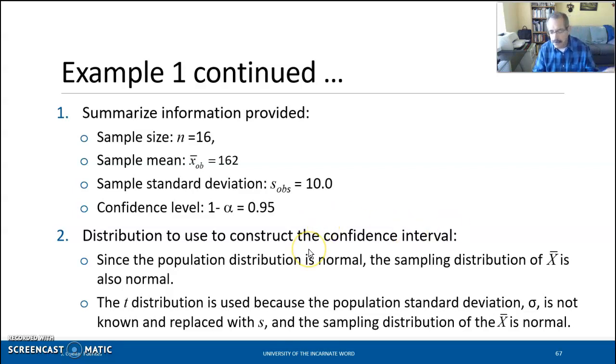In this case, the population is normally distributed, so we know that the sampling distribution is normally distributed. The second thing we need to know is that the population standard deviation is not known, but we know the sample standard deviation and we're going to use it. That fact and the fact that the sampling distribution of the mean is normal tell us that we should be using the t distribution.